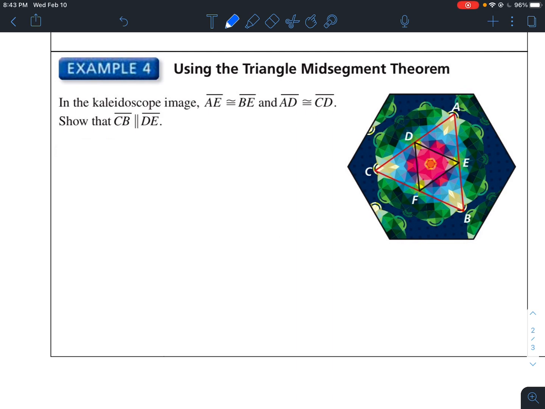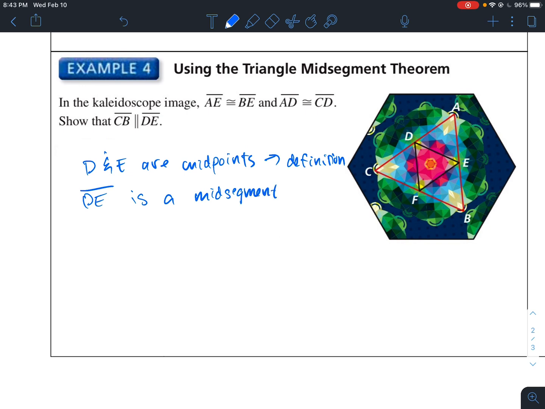So first of all, we know that D and E are midpoints, and that's by definition of a midpoint. Then we know that DE is a midsegment, also by definition.